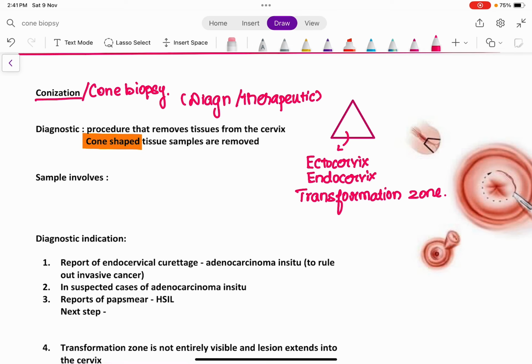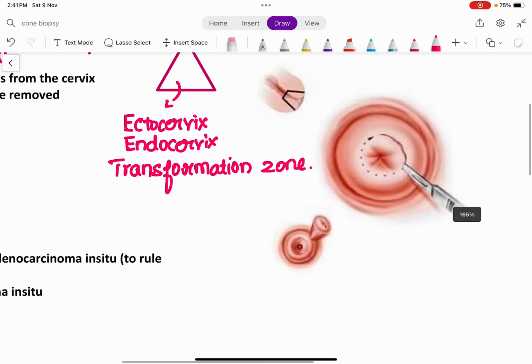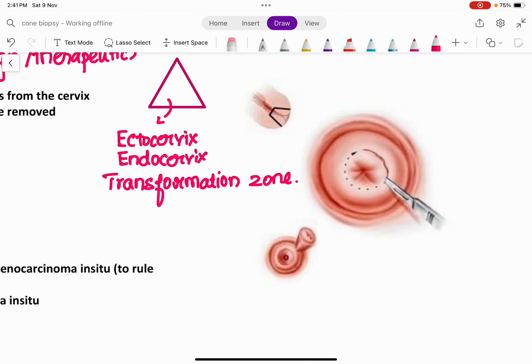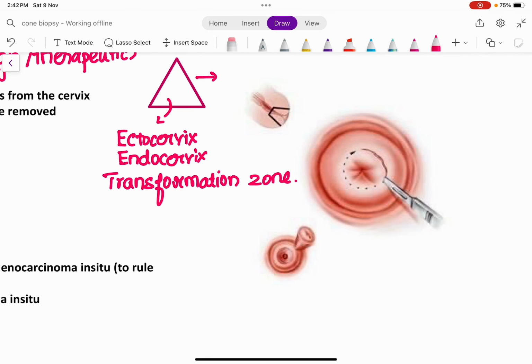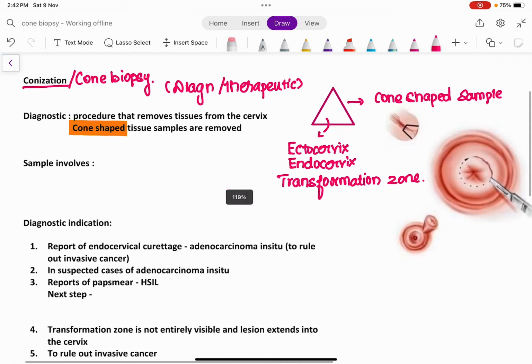You remove the tissue and subject it to histopathological examination. This can be done with the help of a scalpel or with a wire loop as well. When you do it with a scalpel or a wire loop, you remove a cone shaped sample, and this sample involves the ectocervix, endocervix and the transformation zone.